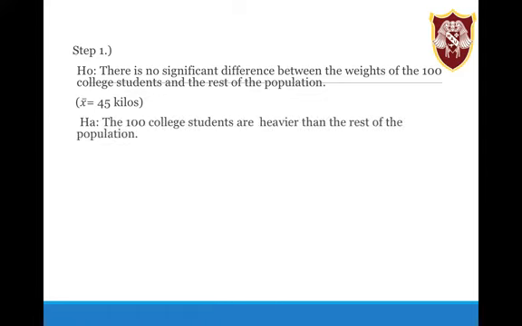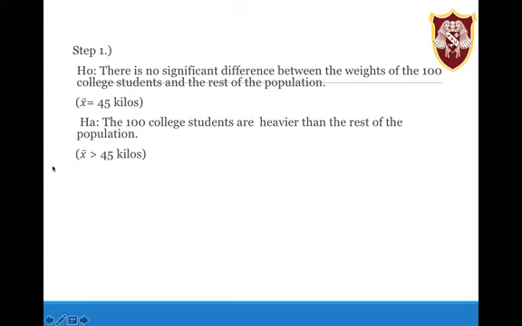And then for our alternative hypothesis, we state that the 100 college students are heavier than the rest of the population. So in symbol, that means the sample mean of 47 is greater than 45.